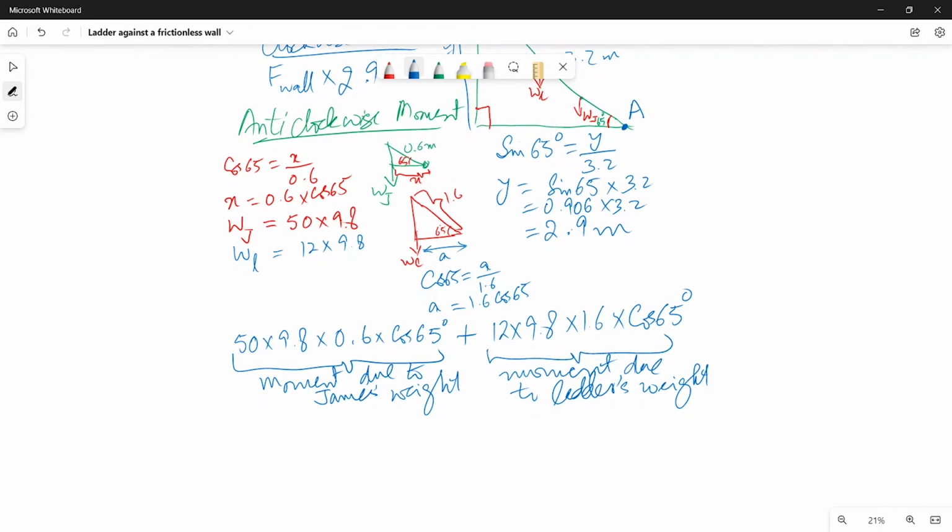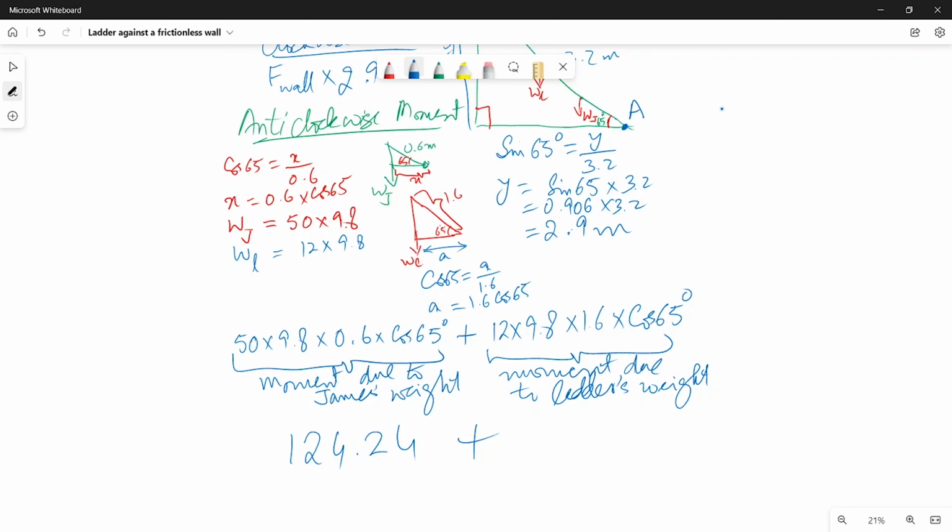If you calculate this with the calculator, simply taking the values, I would solve it for you. So 50 times 9.8 times 0.6 times cos 65 comes out to be 124.24.